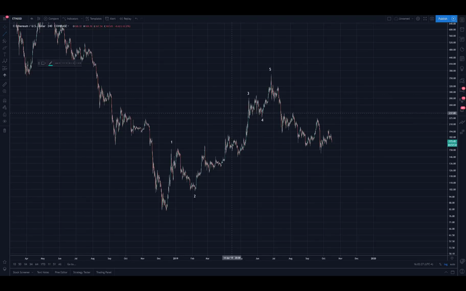If we then take a pattern of a descending wedge, in this case we can count 5 waves distinctly also. And these 5 waves can be labeled as 1, 2, 3, 4, and 5.